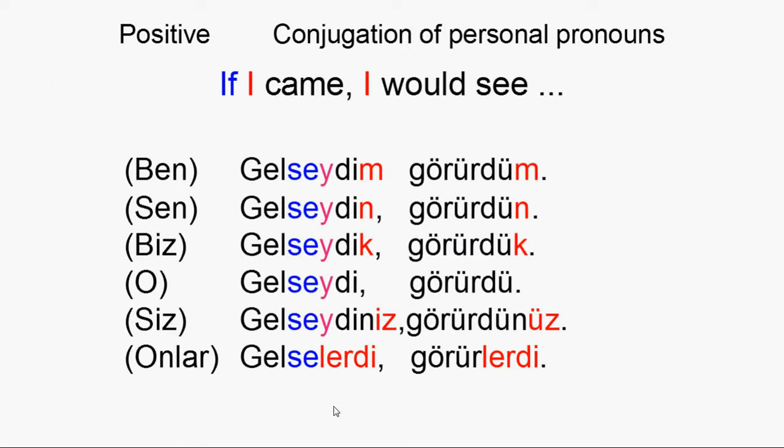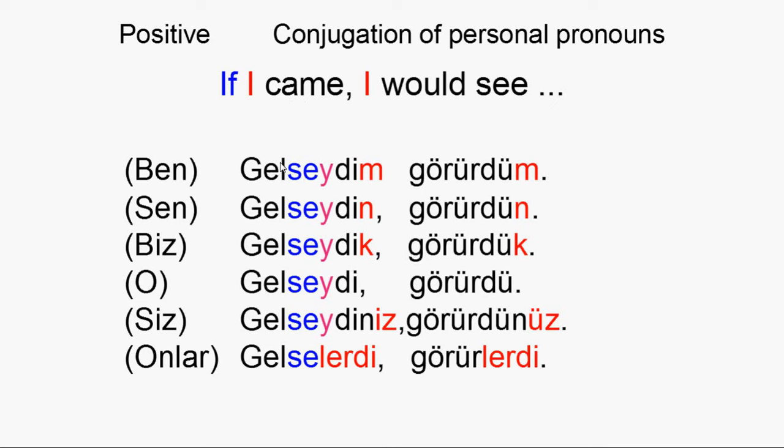Now let's see the positive form and the conjugation forms, which is more clear actually, guys. As you see here on the left, the personal pronouns in Turkish, and after that the if conditional sentences. So, if I came, this part, and I would see, this part.